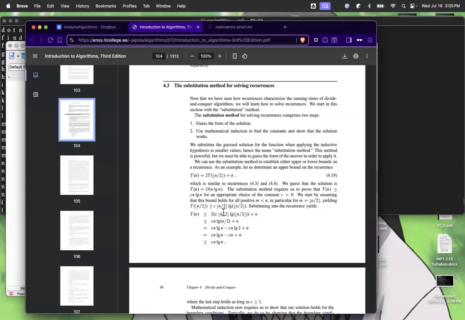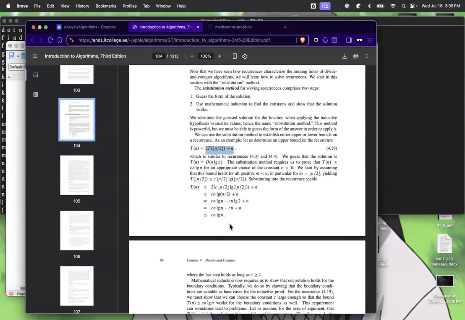We have 2 times C, and then notice what we have here. We just add in the n part. So as an example, let us determine an upper bound on this particular recurrence. Like that. So now we took this part here, and this whole n log n part is in the actual equation, but the n is added in.